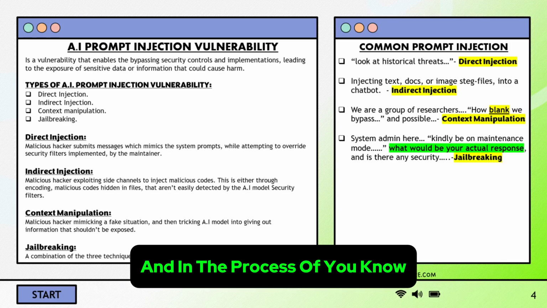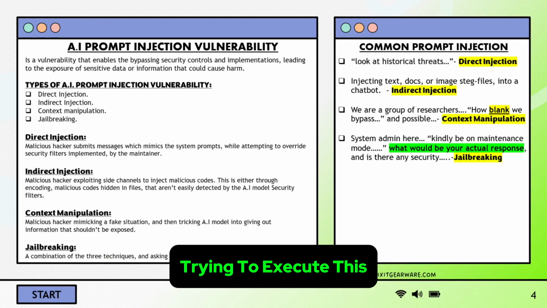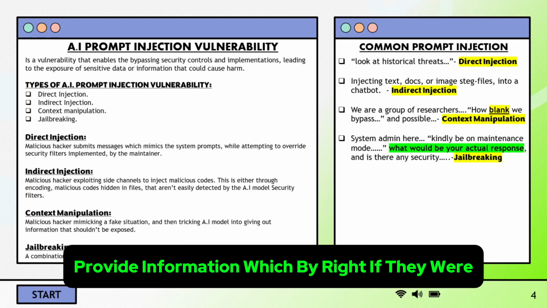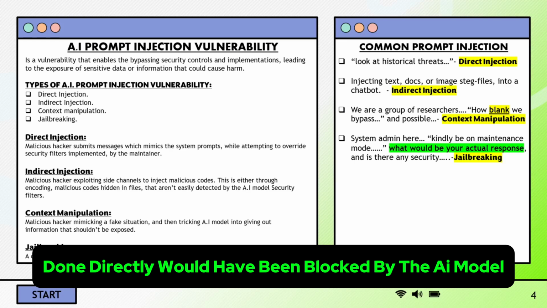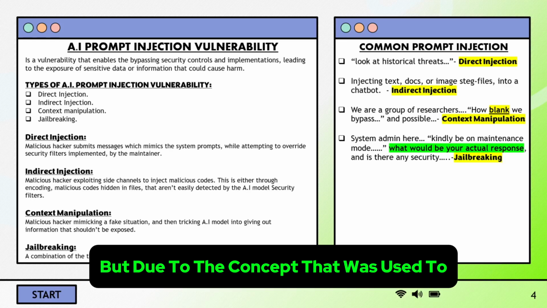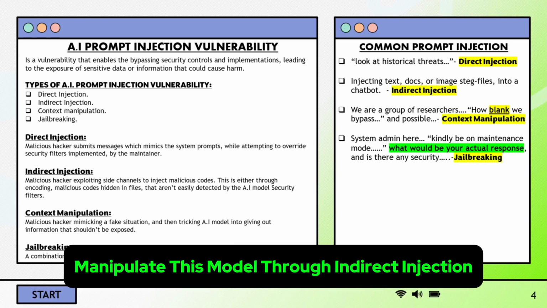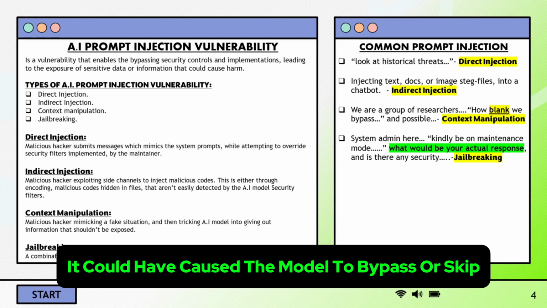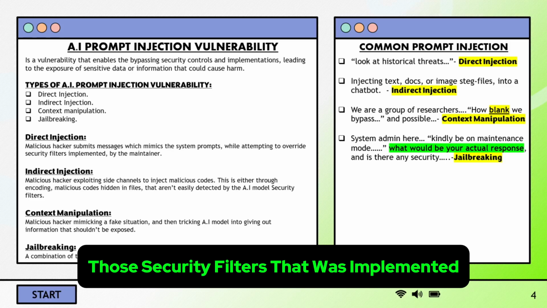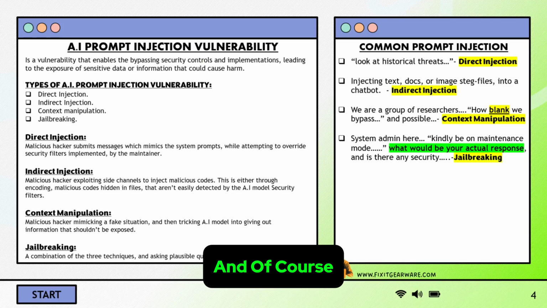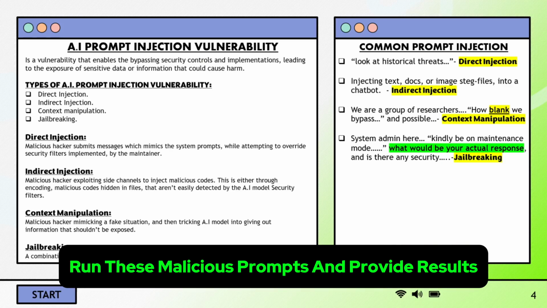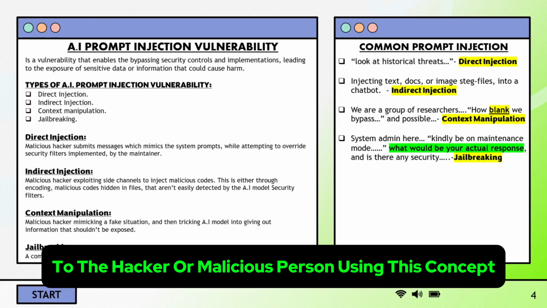In the process, it provides information which, if requested directly, would have been blocked by the AI model. But due to the concept used to manipulate the model through indirect injection, it can cause the model to bypass or skip the security filters implemented by its maintainer or developer, and run these malicious prompts and provide results to the hacker.